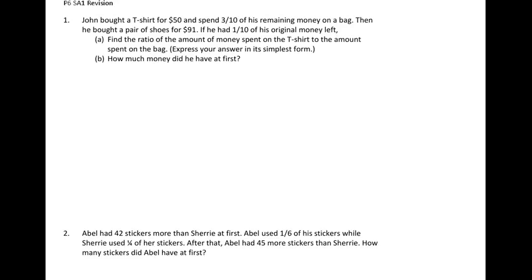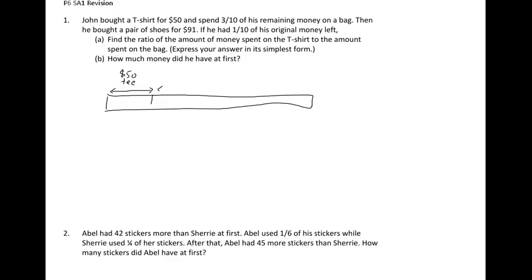So what we know is that he has this amount of money, and he spent $50 on a t-shirt. So this is the t-shirt and it's $50, and this part will be the remaining.